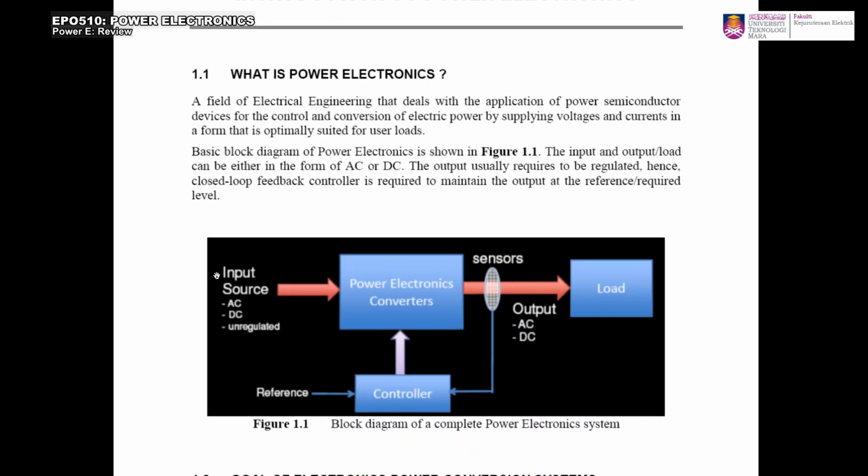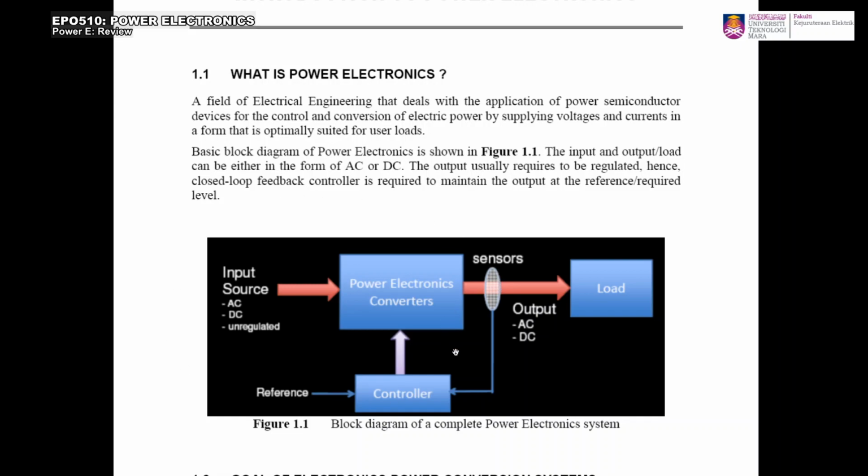You have an input and then the output, and it can be in the form of AC or DC, and therefore we need these power electronic converters, which will be covered by EPO510. We have AC to DC, then AC to AC, DC to DC, and finally DC to AC.